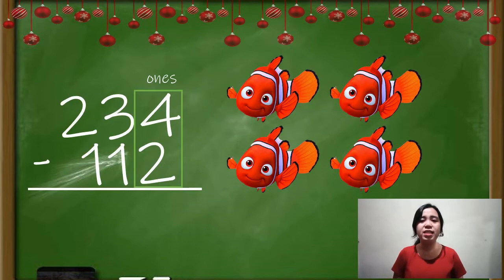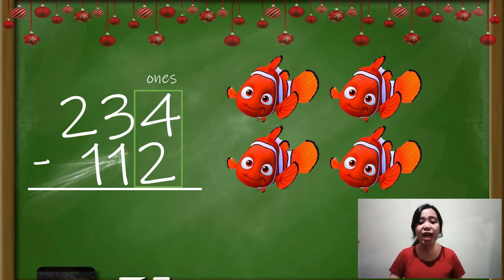So let's say 4 minus 2 is equal to blank. Of course, when subtracting, always start from the ones value, on the right side. So the ones values are 4 and 2. So therefore, 4 minus 2 is equal to what?